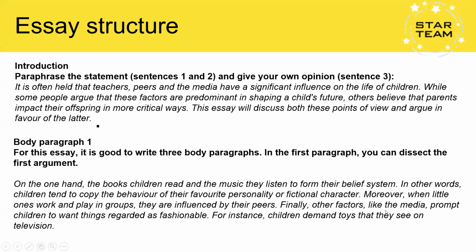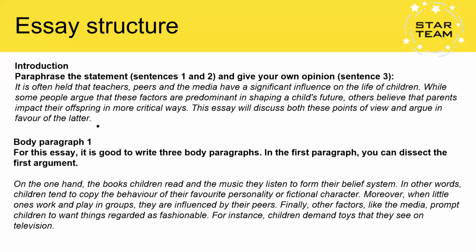Finally, other factors like the media prompt children to want things regarded as fashionable. For instance, children demand toys that they see on television. In the first one, we have written the factors that influence child development and the external factors, yes, the factors that are not from our family.